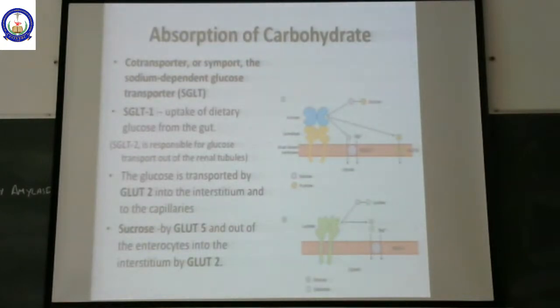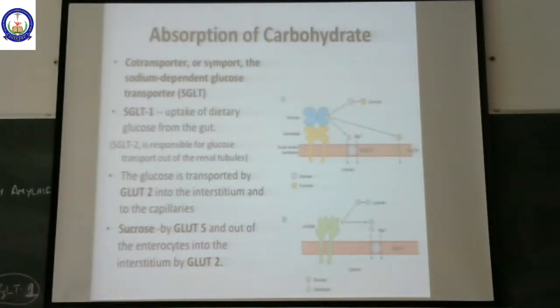Here there is a presence of a carrier protein. The name of the carrier protein is sodium glucose co-transporter, and in the intestine it is SGLT1. This carrier protein is present in the brush border of the intestinal epithelial cells. How does it function?